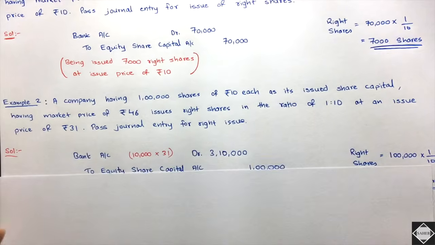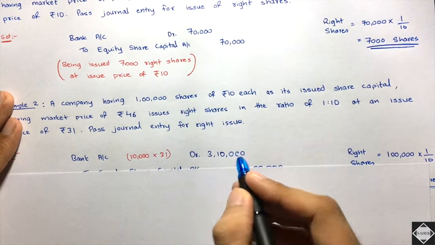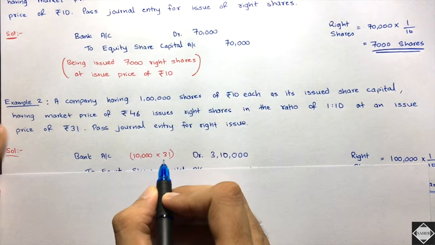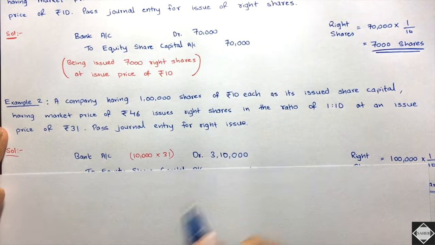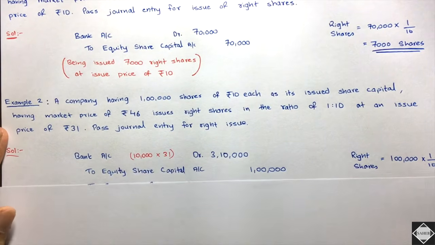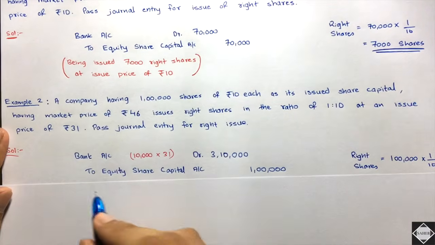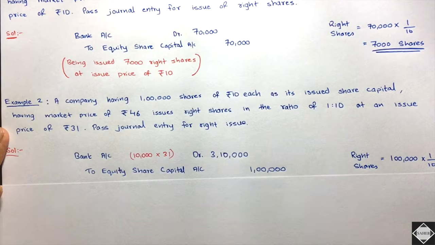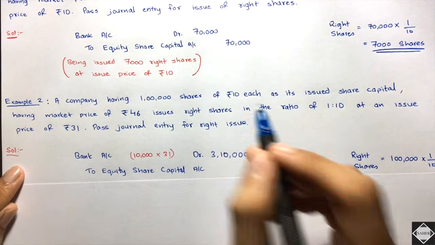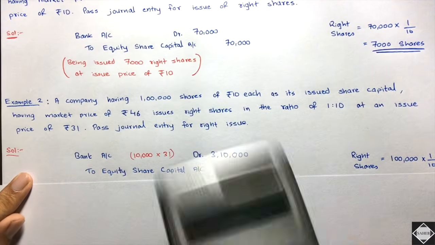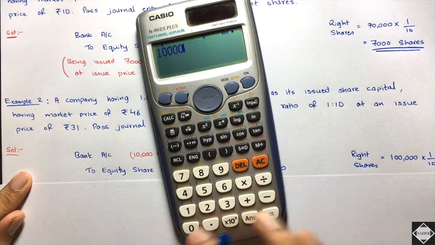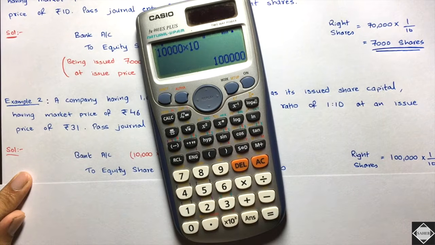So let's see the general entry. Bank account debit 3,10,000, that is 10,000 right shares into the right price. And then the capital will be increased by the face value only. So you will credit the capital by 1 lakh, isn't it? 10,000 right shares into the face value, rupees 10, that is 1 lakh.